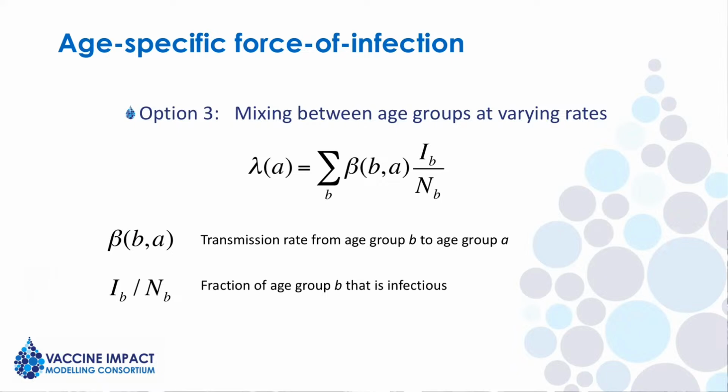So here we're saying that the force of infection by age depends on other age groups as well. But we might have different transmission rates between different age groups. This gives us the maximum amount of flexibility. Again, with a lot of flexibility means we have to maybe either make some assumptions or have a lot of data to inform it.